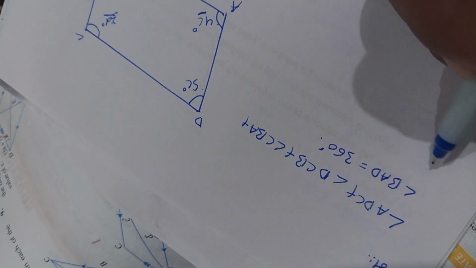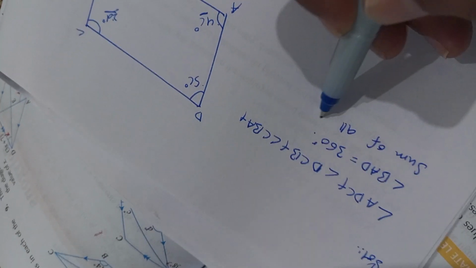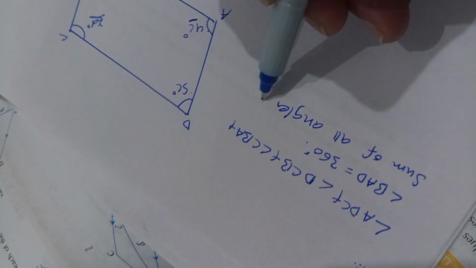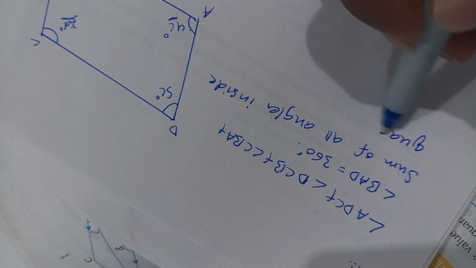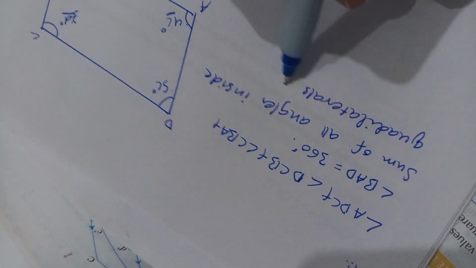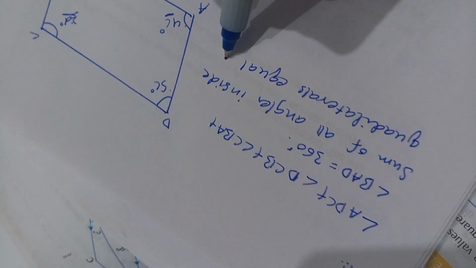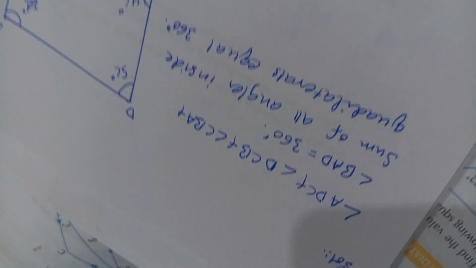Mention the reason. What's the reason? Sum of all angles inside a quadrilateral equals 360 degrees. That's the law, right? So I have mentioned the angles.